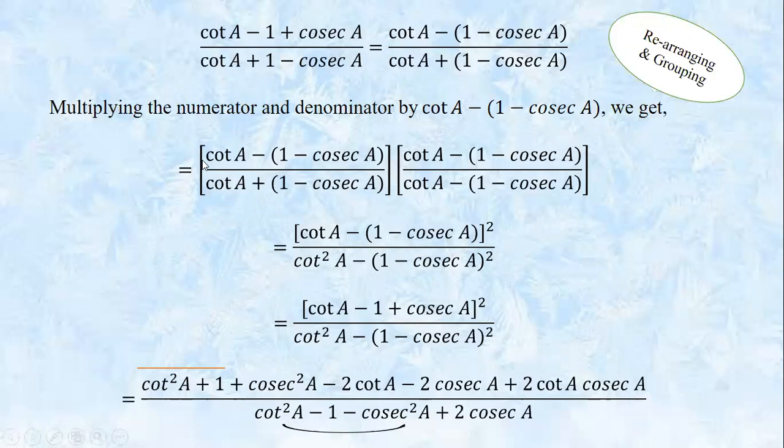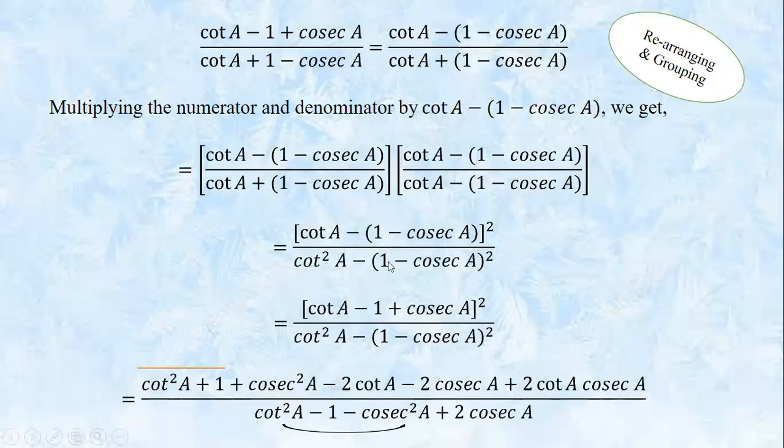Suppose cot A is A and 1 minus cosec A is B. Then the numerator is of the form A minus B into A minus B, so A minus B the whole square. The denominator is A plus B into A minus B, so that is A square minus B square.